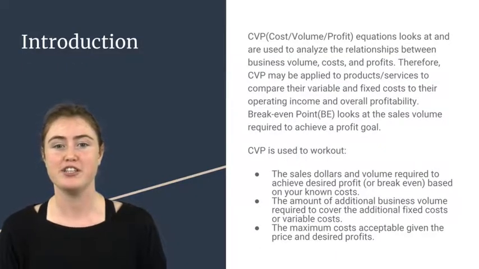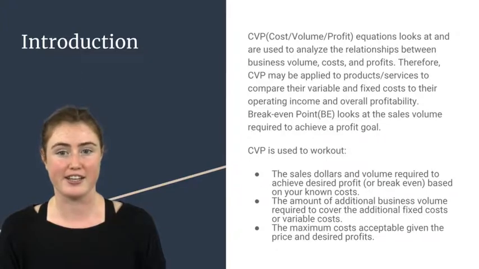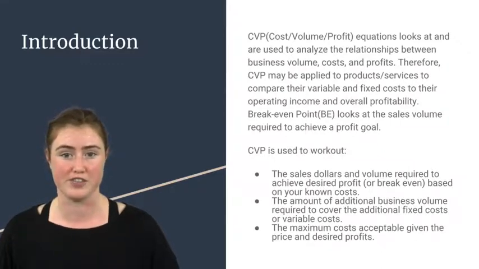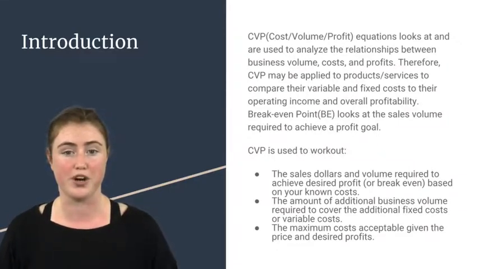Starting with an introduction. CVP equations are used to analyse the relationships between business volume, costs and profits. Therefore, CVP may be applied to products or services to compare their variable and fixed costs to their operating income and overall profitability. Break-even point looks at the sales volume required to achieve a profit goal.